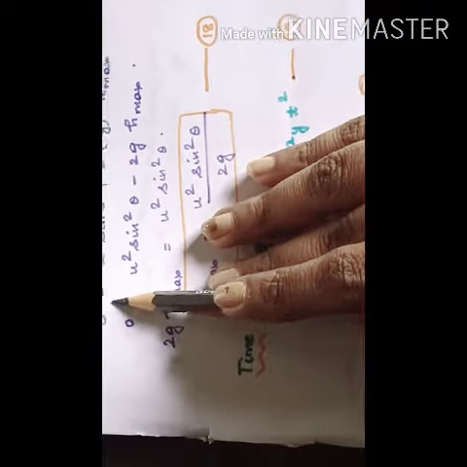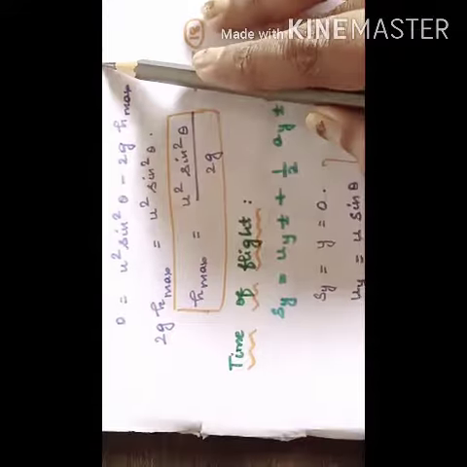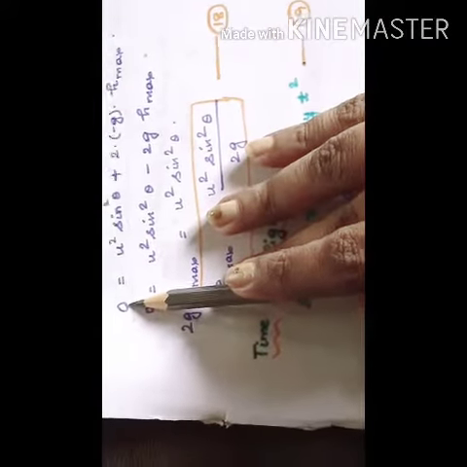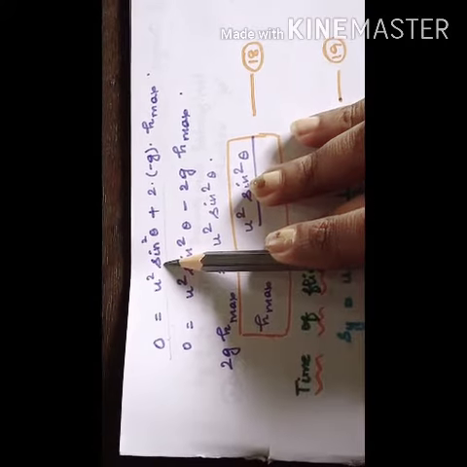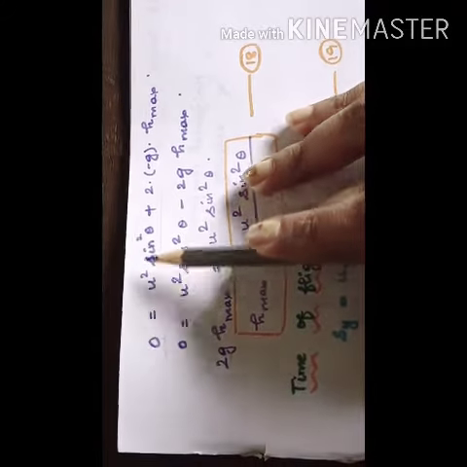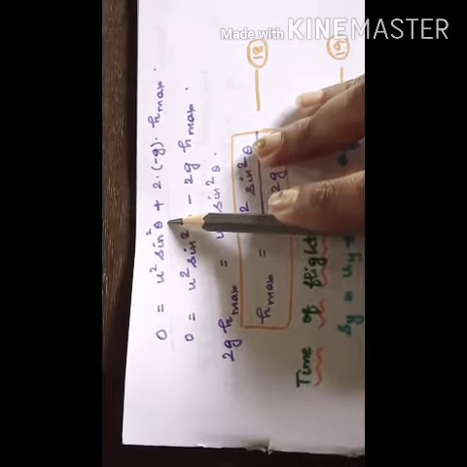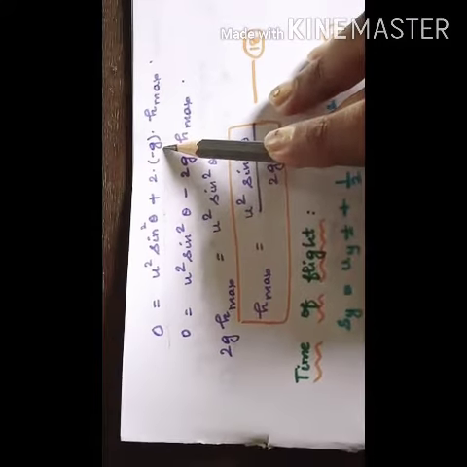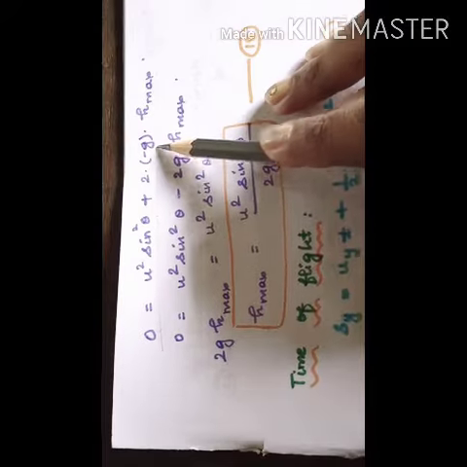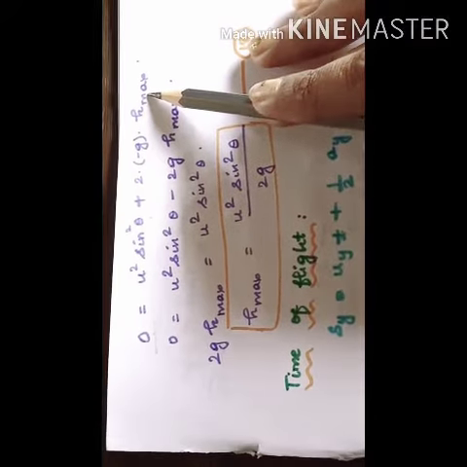After substituting the four values we get the equation: vy is equal to 0, uy square is u square sin square theta, and in the place of ay we substitute minus g, and s is replaced as h max.